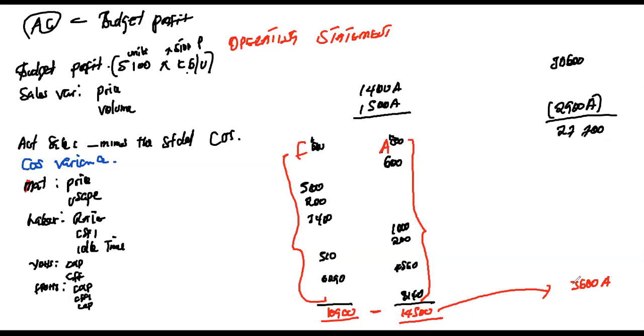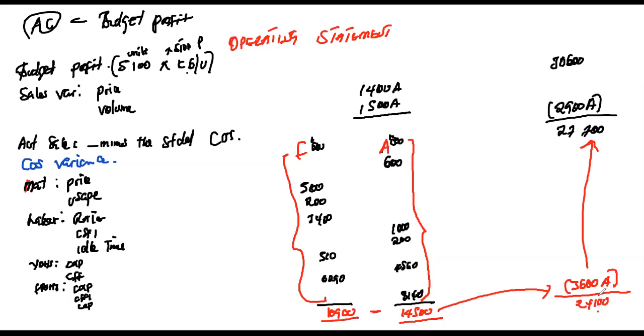So we simply remove that figure from the number there. If I remove that figure, how much do we have? 24,100. I don't have space, I'm trying to work everything here.